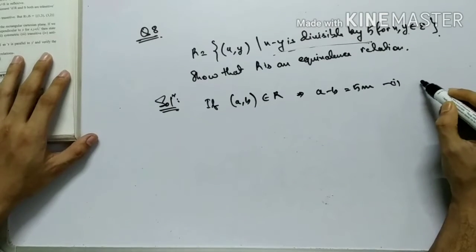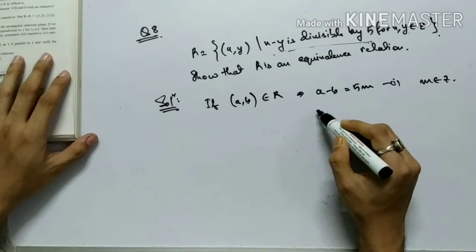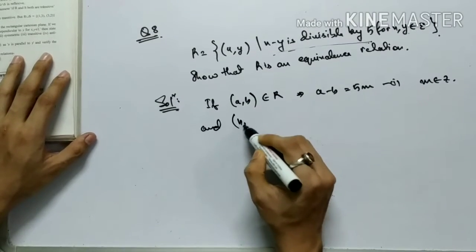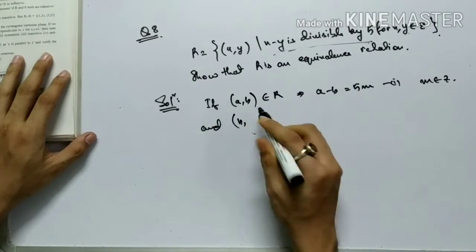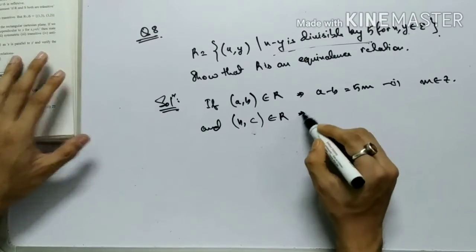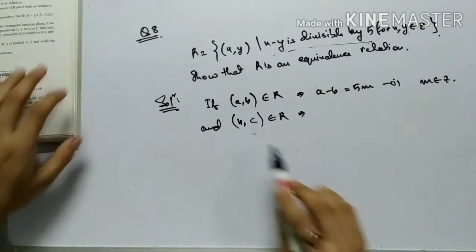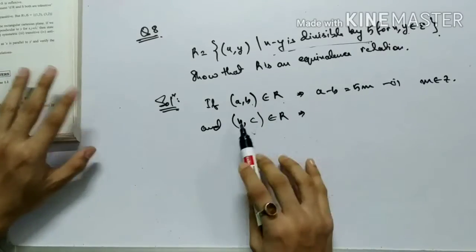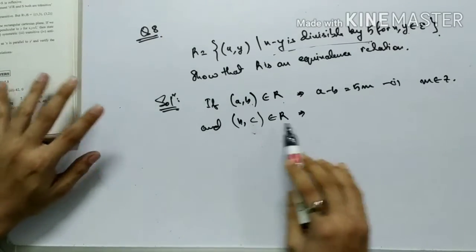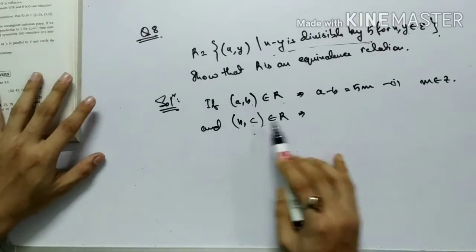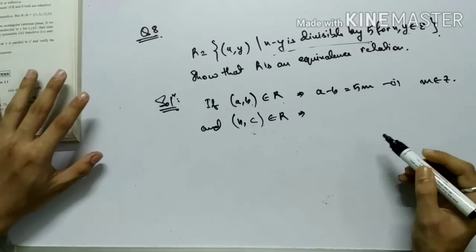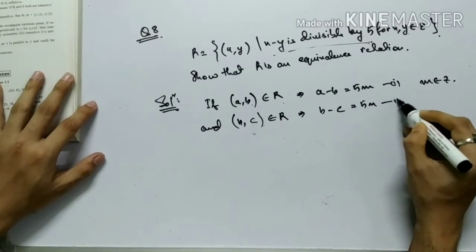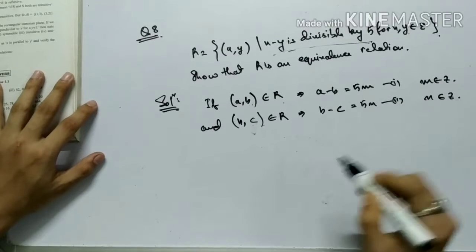This is equation number 1, where m belongs to Z. And let (B, C) also belong to R. According to the transitive relation, if (A, B) belongs to R and (B, C) belongs to R, I will have to show that (A, C) also belongs to R. If I can show that, then R is a transitive relation. So B minus C is 5n. This is equation number 2, n belongs to Z.